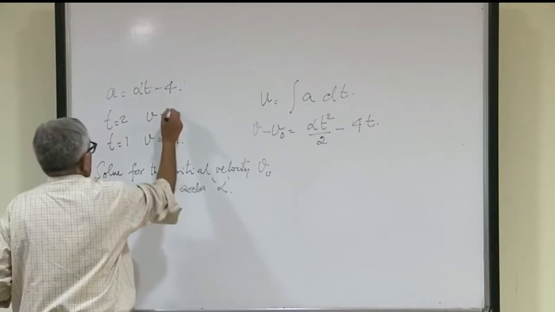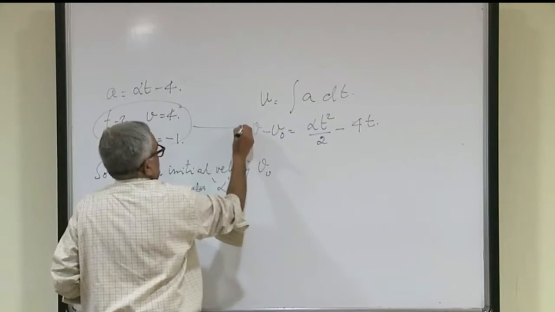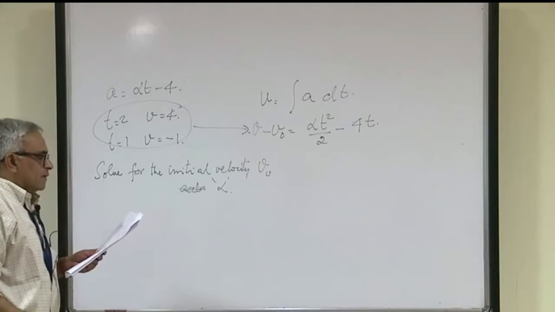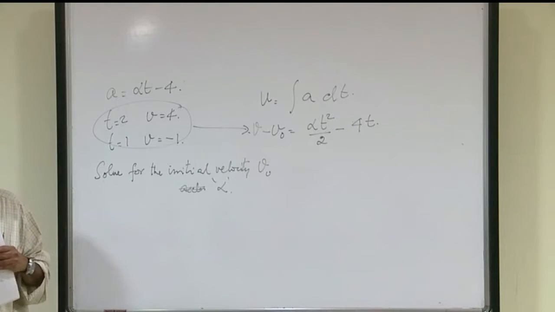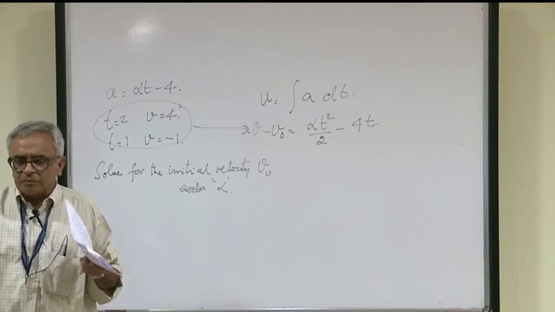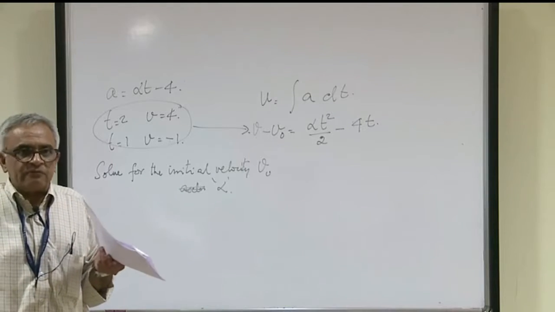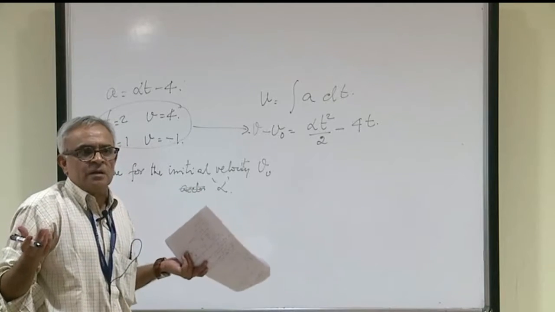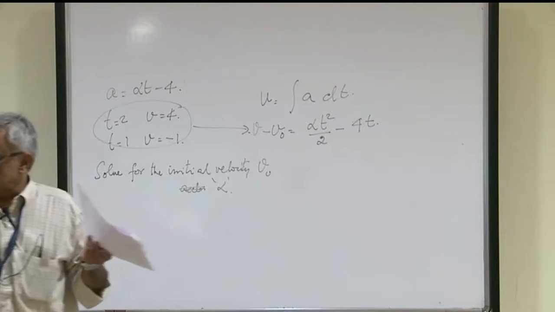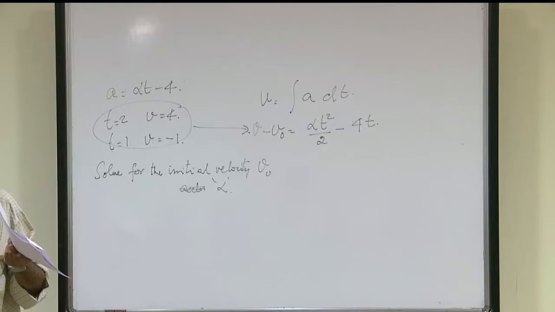From these two conditions, you can substitute here and solve for alpha and V naught. So these are the types of problems, very simple, just straightforward expressions given for integration, differentiation, and substitution. So there is nothing to it. Agree?